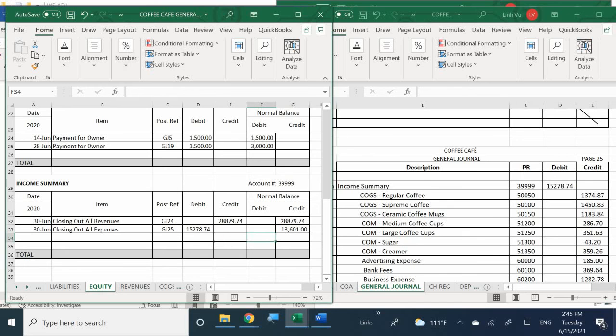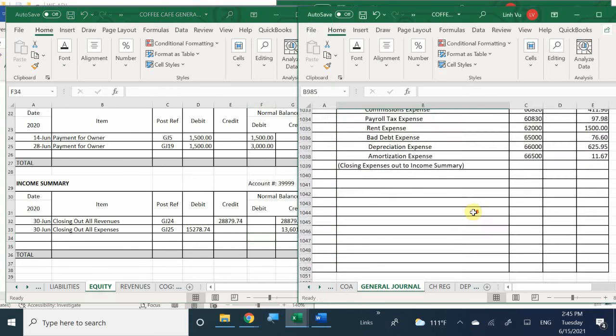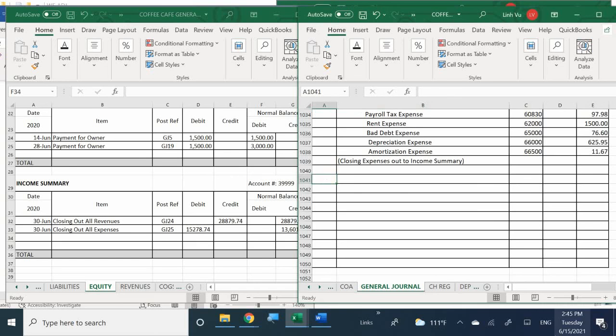And guess what? Guess what's next? We're going to now zero out our income summary to where? Where's the for the income summary? What was the equation for the credit? You're going to go previous balance in the credit, add your credits minus your debits.